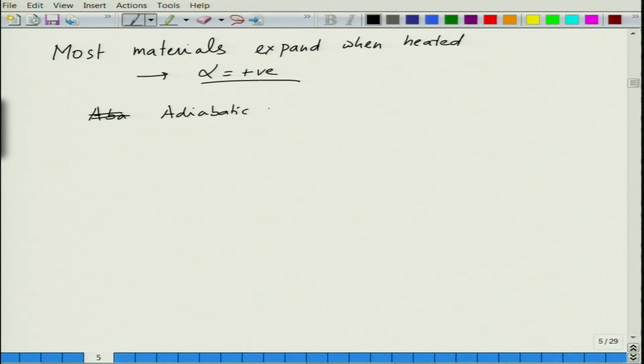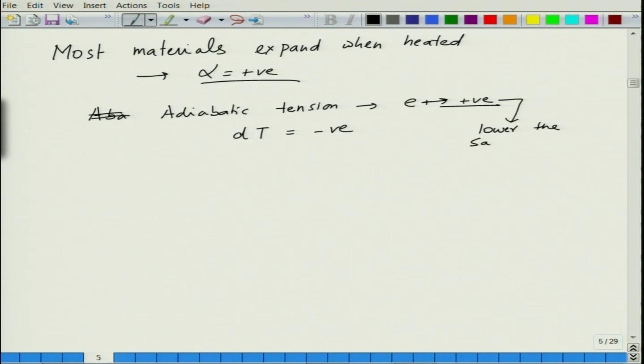If this is the case, then when you apply adiabatic tension, which means the strain E is positive, you can see that dT will be negative. So, adiabatic tension, when strain is positive, will lower the sample temperature, or in other words, it will cool the sample.